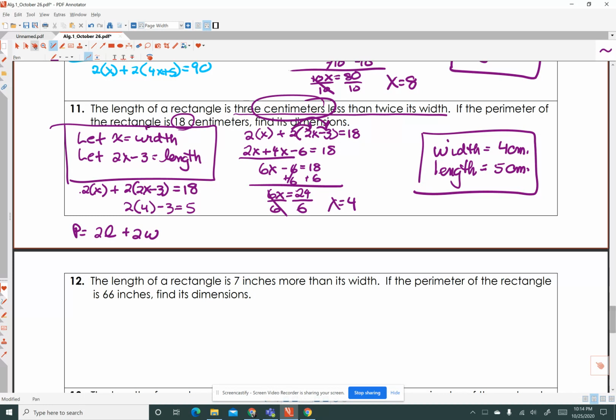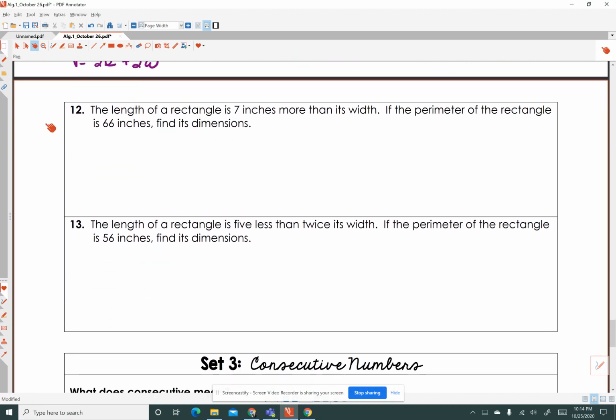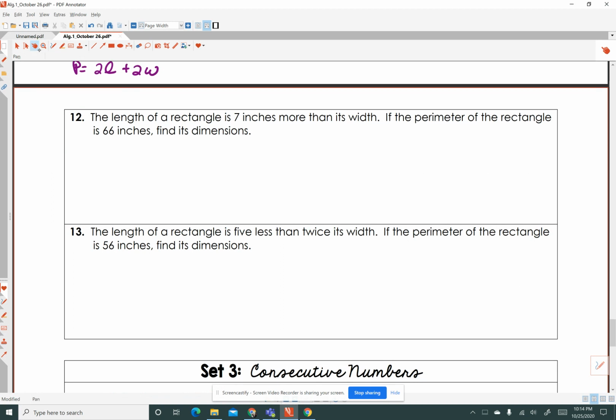Just a couple more. So in number 12, we are told the length of a rectangle is 7 inches more than twice its width. If the perimeter is 66 inches, find its dimensions.